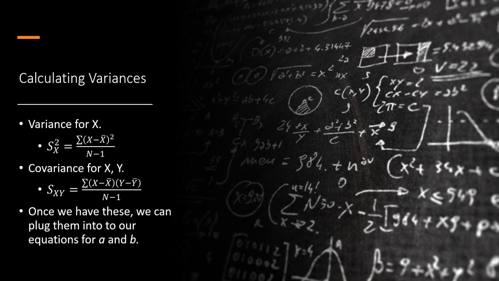The covariance for x and y combined is going to be the sum of x minus x bar times y minus y bar, divided by n minus 1. Once we have these, we can plug them into our equations for a and b and calculate those out.